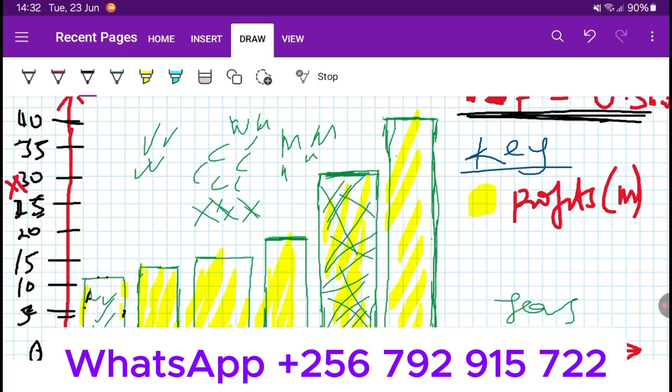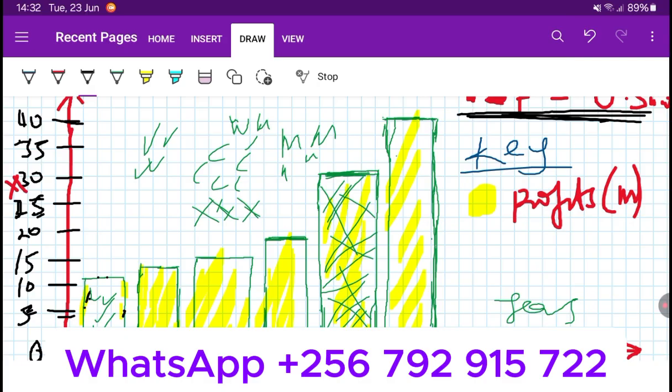If you look at this bar chart that we have got, you can see that there is an increasing trend because the values are increasing. In 2005 we had 11 million, but when we reached 2010 we had 40 million.